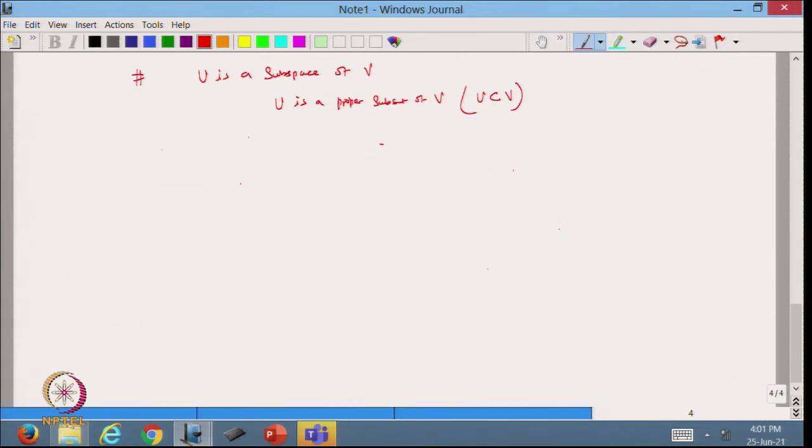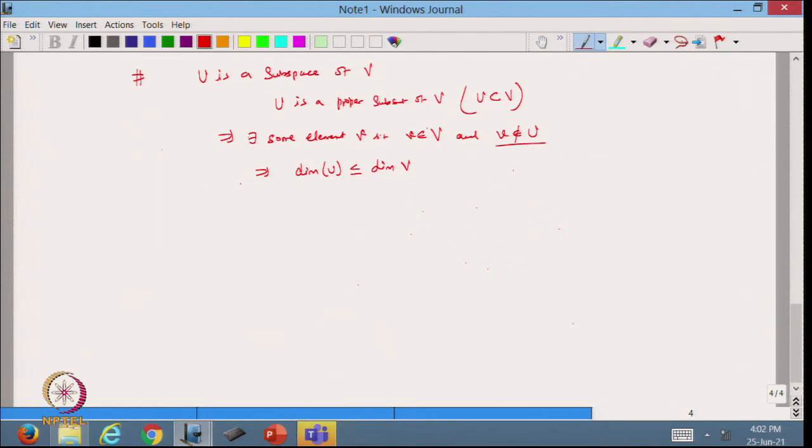I am considering that it is not equal to V, which implies that there exists some element v belonging to the vector space V and not belonging to the given subspace U. It means the dimension of U has to be less than the dimension of V, because I get one vector which is not belonging to the given subspace.